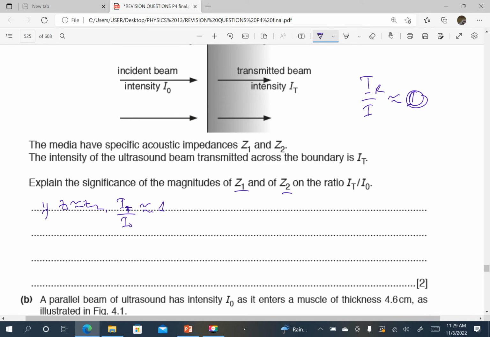So there is almost no reflection, but there is more transmission. So we say mostly transmission occurs, very little reflection.